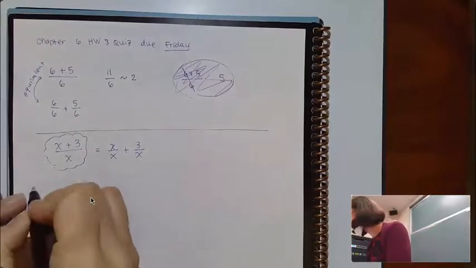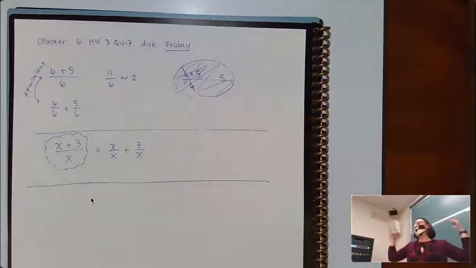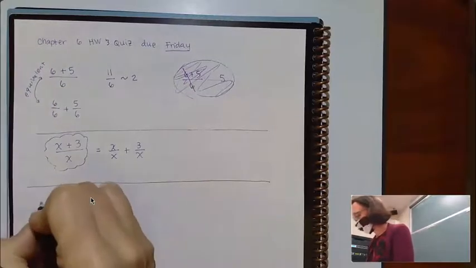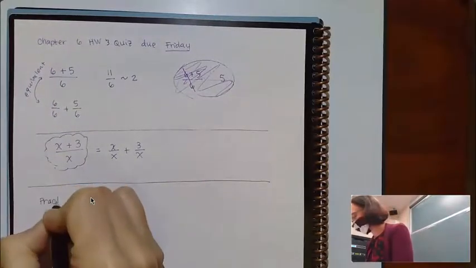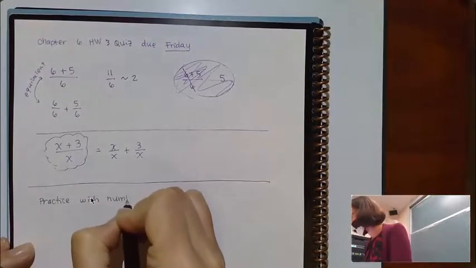So when can we cancel things out from the top and the bottom? When everything's being multiplied together and something's being multiplied by 1. So just practice with numbers for a second. This part you can write down if you like.